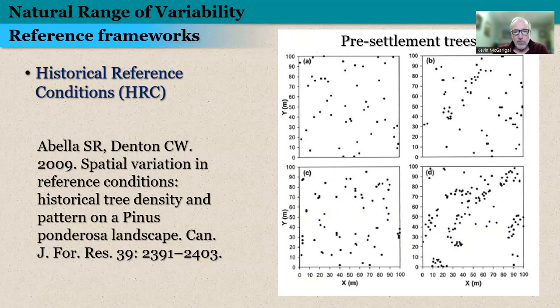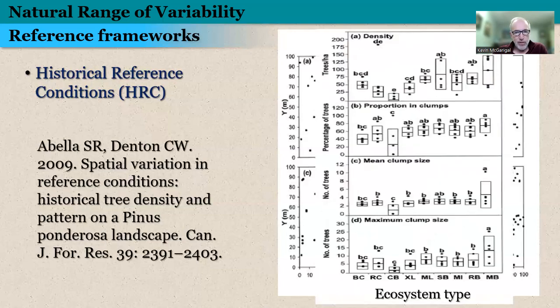So they were able to go to each of these sites and essentially document where each tree was at the time of pre-settlement conditions. By doing so, they were able to generate a map of what the forest stand structure looked like prior to settlement modifications.